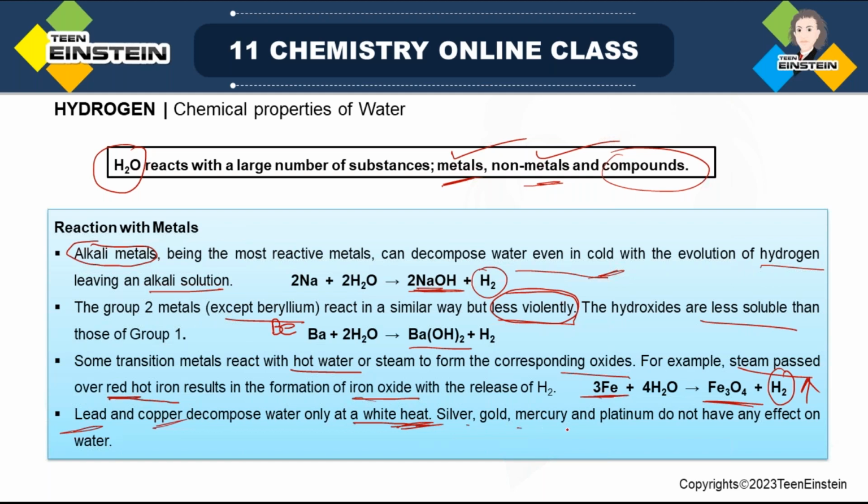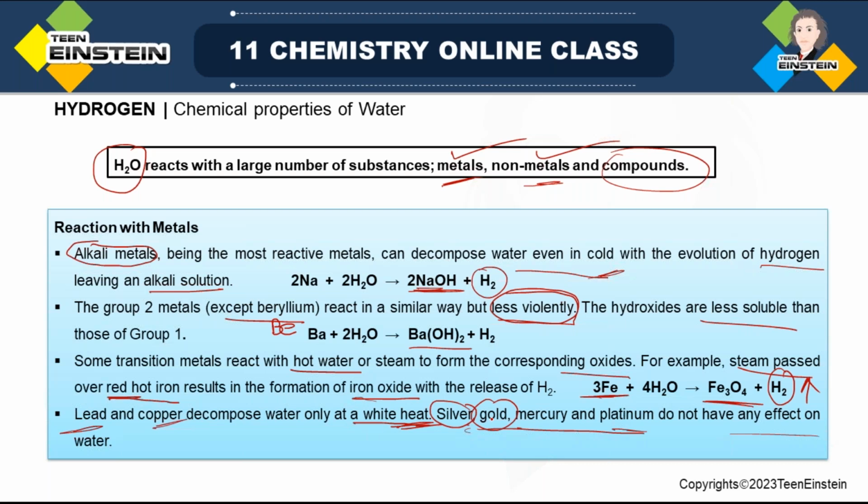And then silver, gold, mercury, platinum, they do not have any effect on water because these are not very reactive metals. Silver and gold are not at all reactive. That's why we can have jewelry made of silver and gold, right? So silver, gold, mercury, platinum will not react with water. In presence of water, there is no reaction.